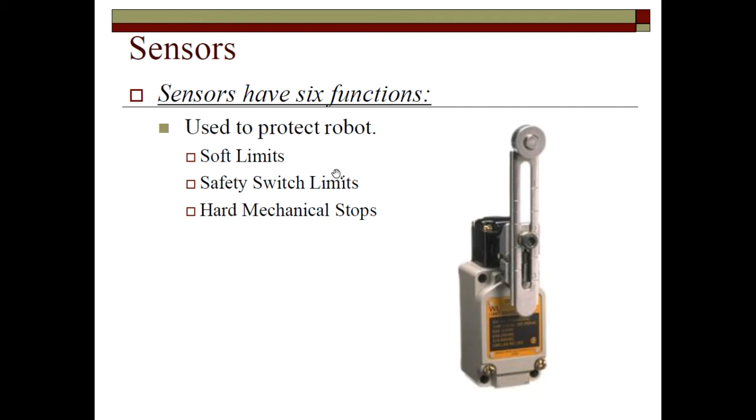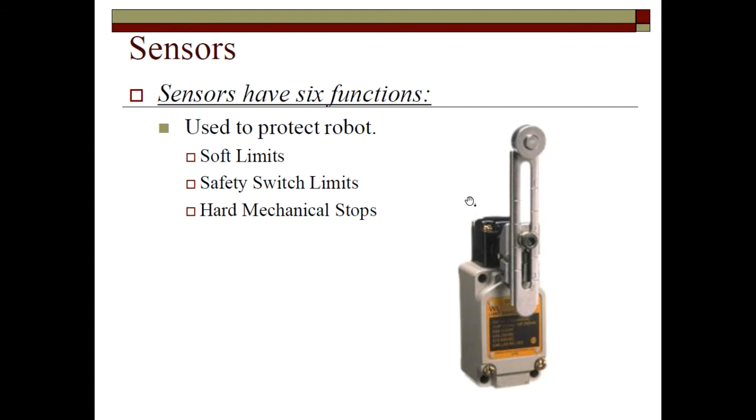As an object, whether it's a robotic arm, or we also use these on conveyors to track a part as it comes down the line and moves across, it moves this arm, and the arm folds down. As the arm folds down, it turns the switch off, sending a 0 to the controller.